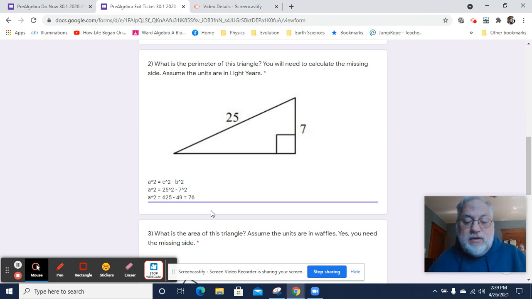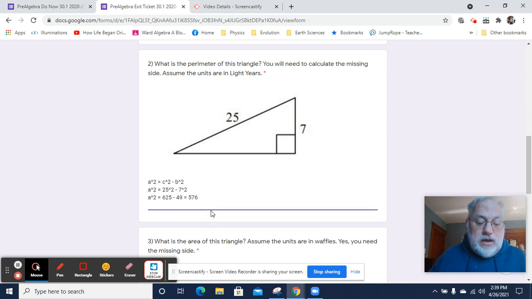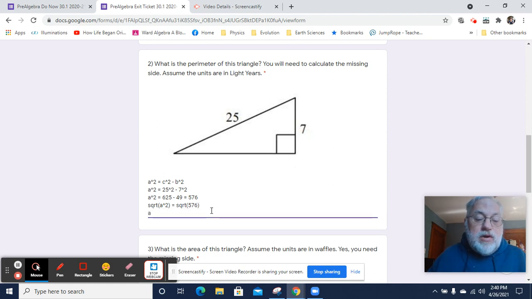So 576. And so the square root of A squared will equal the square root of 576. The square root of A squared is A, and the square root of 576 is 24, and this is light years.